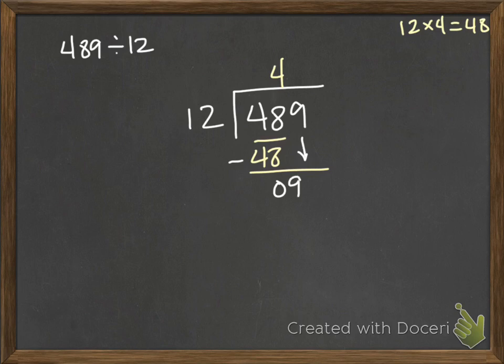12 won't go into 9, but you'll notice that this is a 3-digit number. Our answer is going to be a 2-digit number, and we have 2 digits here, except that this first digit is 0. Well, okay, fine. That's okay. 12 is greater than 9, so 12 won't go into that, but we have this number here anyway.